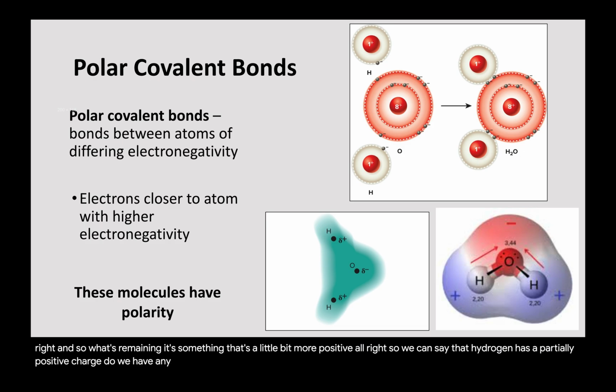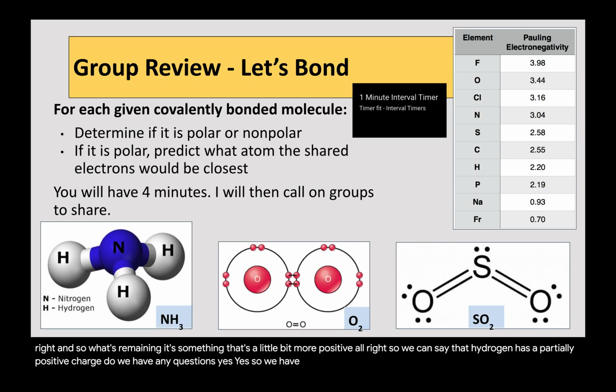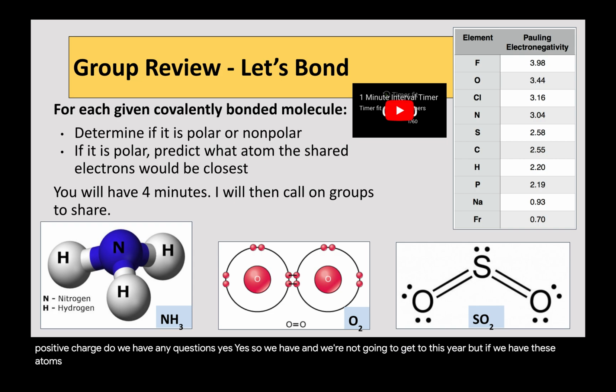Do we have any questions? Yes. If we have these atoms, and we're not going to get to this today, and one of those atoms has a higher electronegativity than the other, then it would be a polar covalent bond because it's hogging some of those electrons.